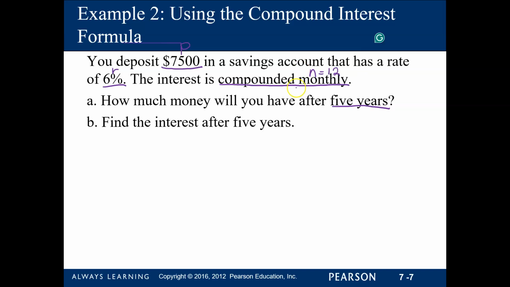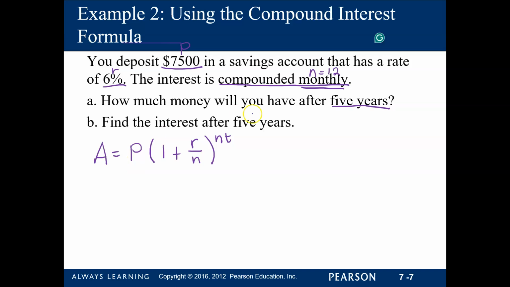Okay, so let's get our formula. So remember, the formula will be A is equal to P times (1 plus r over n). We have the n because of the word monthly in here. And then our exponent, instead of just t, it's going to be n times t.